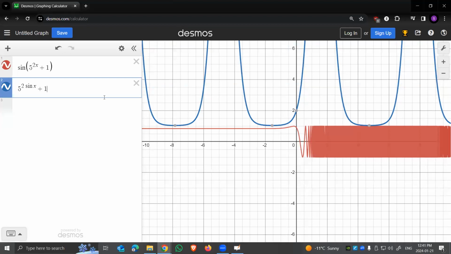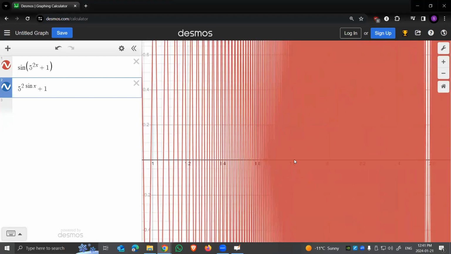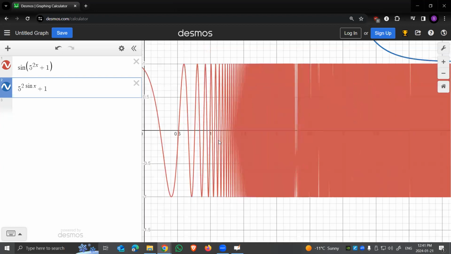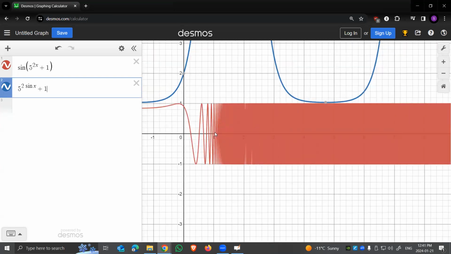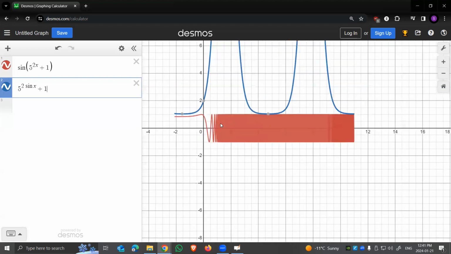So the red one is sine of the exponential function. What is happening to the period? You know what period means? Period means one cycle. Is it going up or down if you look at the red curve? Yeah, it's becoming faster and faster and faster. Let's just quickly look at the blue one.